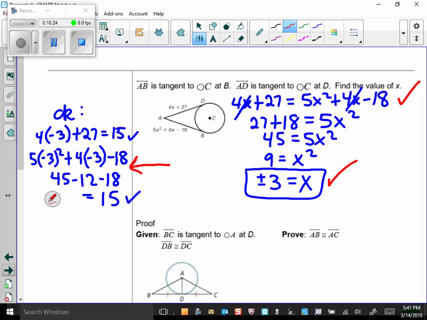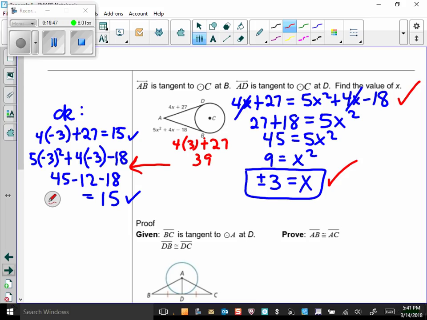So whether I plug in positive 3 or negative 3, well, wait just a minute. Hold on one second. Let me check this out. If I plug in positive 3 right here, I get 4 times 3 plus 27. So that's 12 plus 27. I get 39.